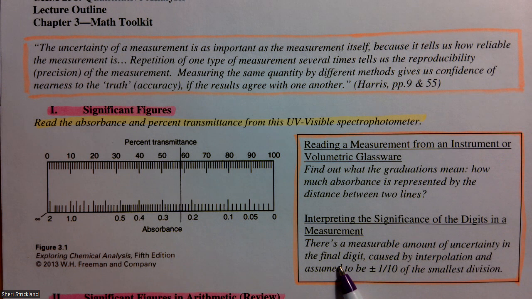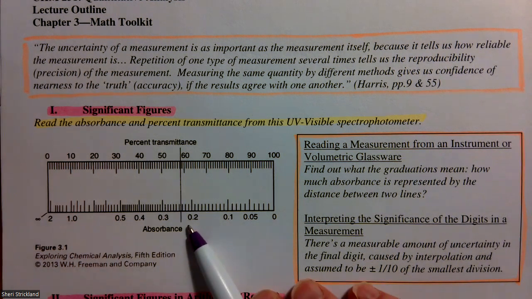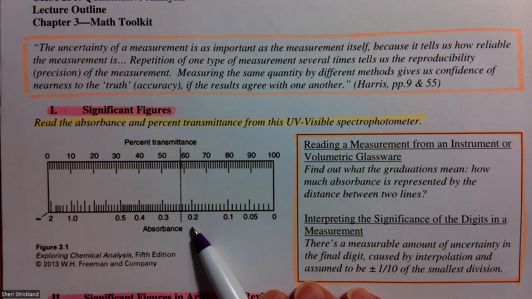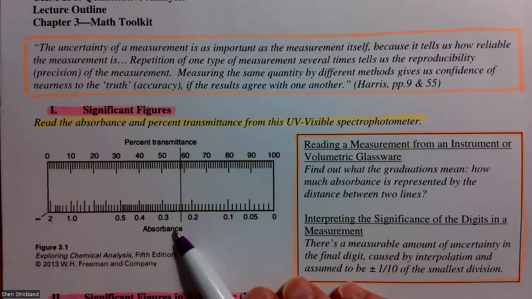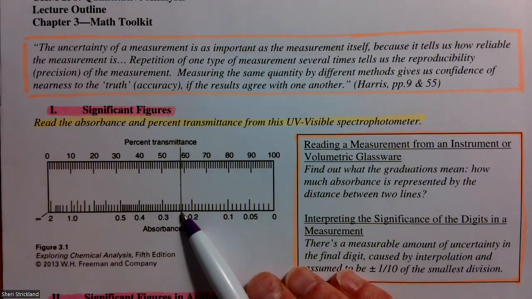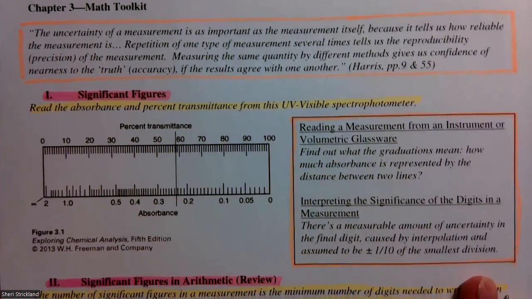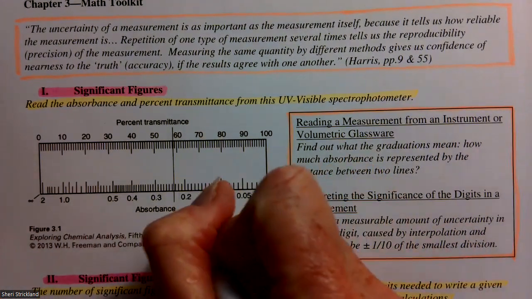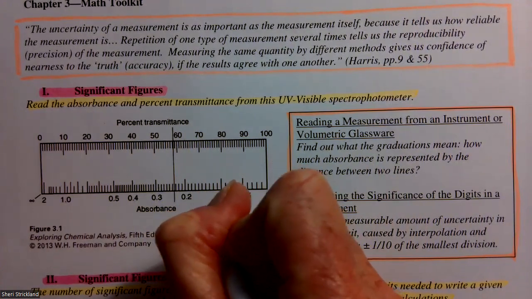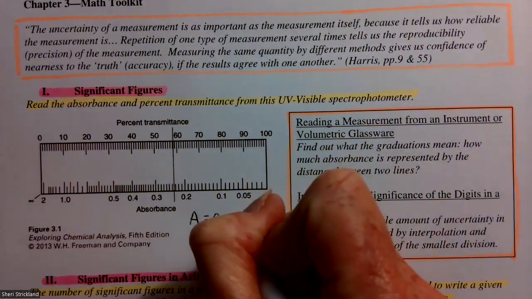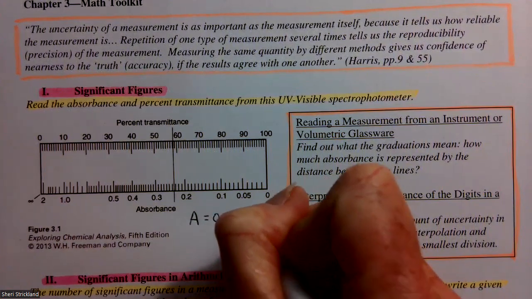There's a measurable amount of uncertainty in that final digit caused by interpolation and assumed to be 1/10 of the smallest division, which means that I can tell the difference between 0.231 and 0.232 and 0.233. And so if I was reading this one, I would say that the absorbance was 0.233. The absorbance is represented by a capital A, and it doesn't have any units.